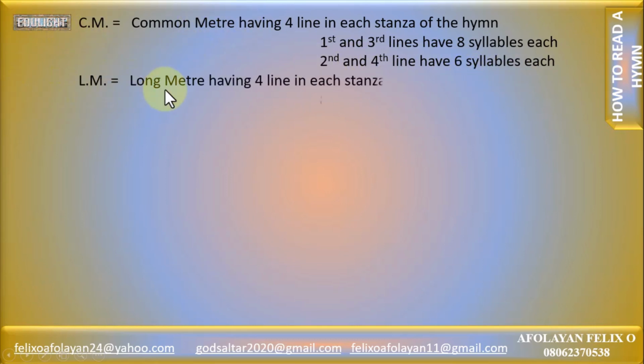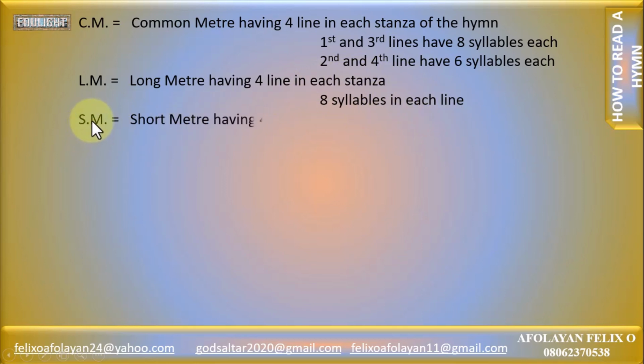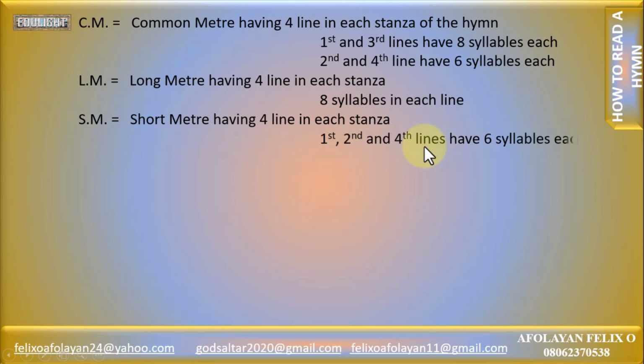LM, long meter, has 4 lines in each stanza, 8 syllables in each line. Then SM, short meter, has 4 lines in each stanza. Lines 1, 2 and 4 have 6 syllables each. Line 3 has 8 syllables.